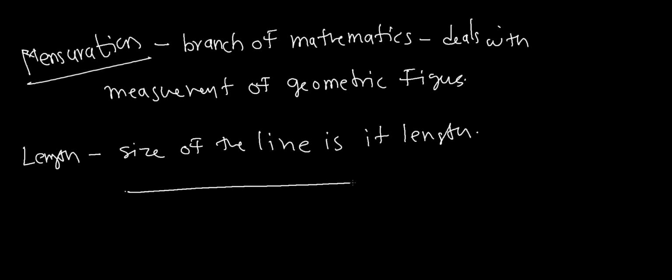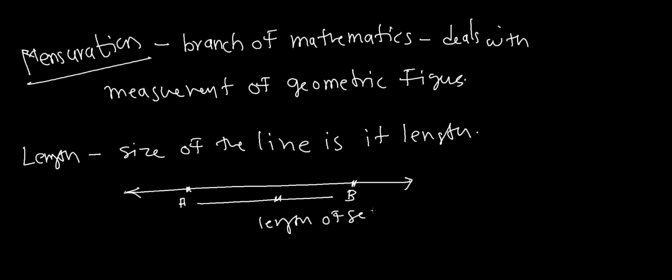If this is the line, and we have this part starting from point A to point B, the size of this segment is called the length of this segment, and for length of segment AB, we use this notation.